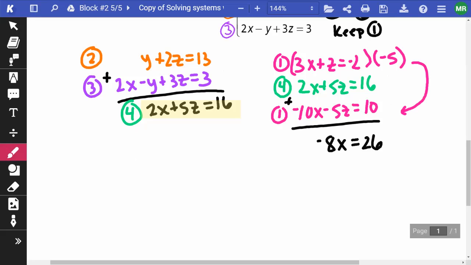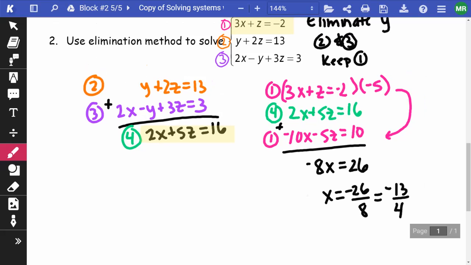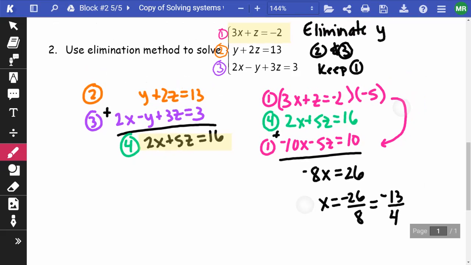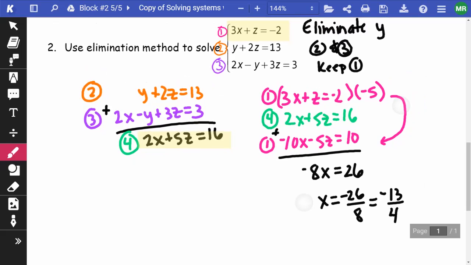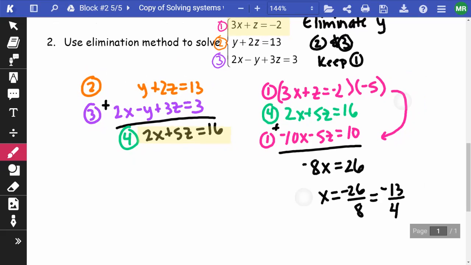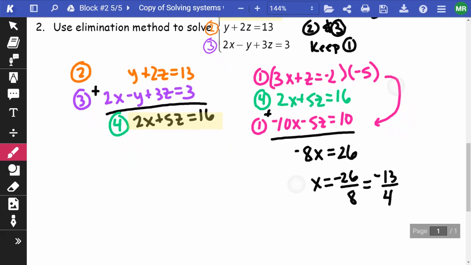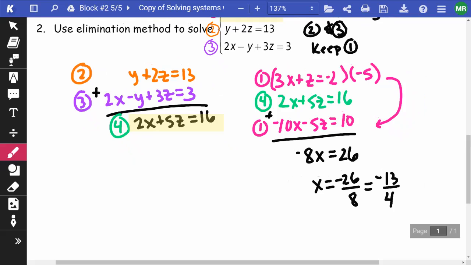And I am going to get x is equal to -26/8. And I could reduce that to -13/4, dividing both by 2. And let me just make sure I've got all my signs right here. Hold on. Oh, and here, I'm noticing I did this wrong.